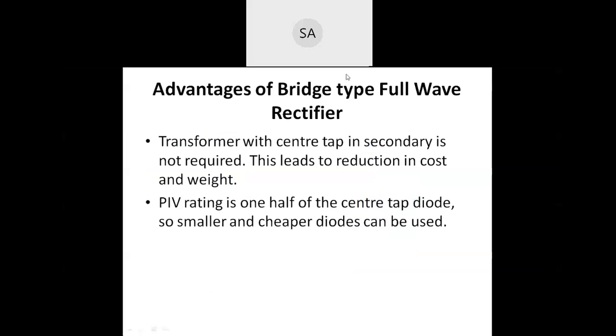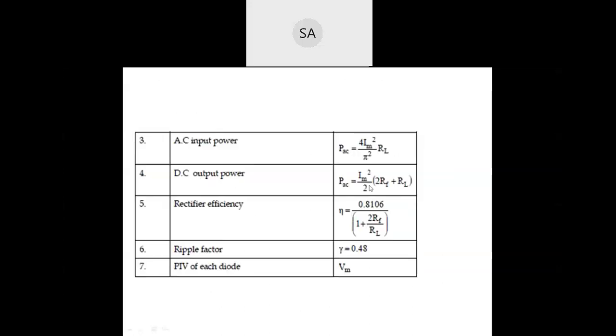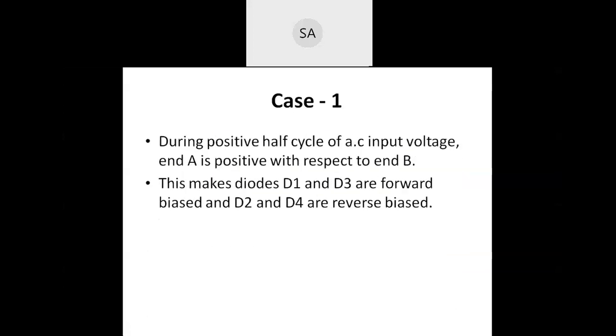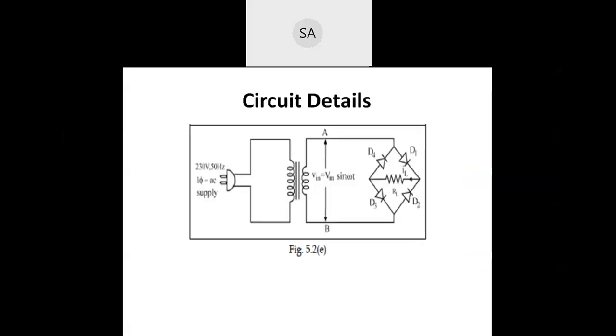So let us discuss the advantages and disadvantages of the bridge full wave rectifier. For the peak inverse voltage, first let us recall why it is Vm. Referring to our circuit diagram, when end A is positive, the diodes D1 and D3 conduct, whereas diodes D2 and D4 do not conduct.